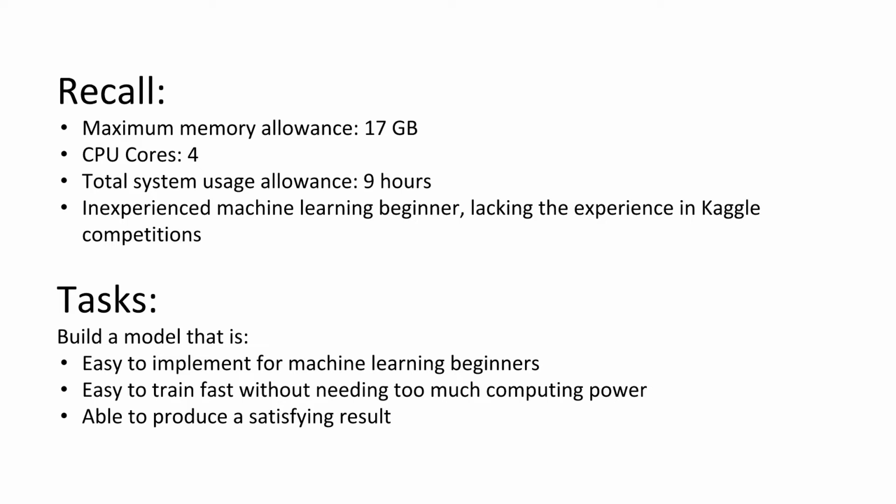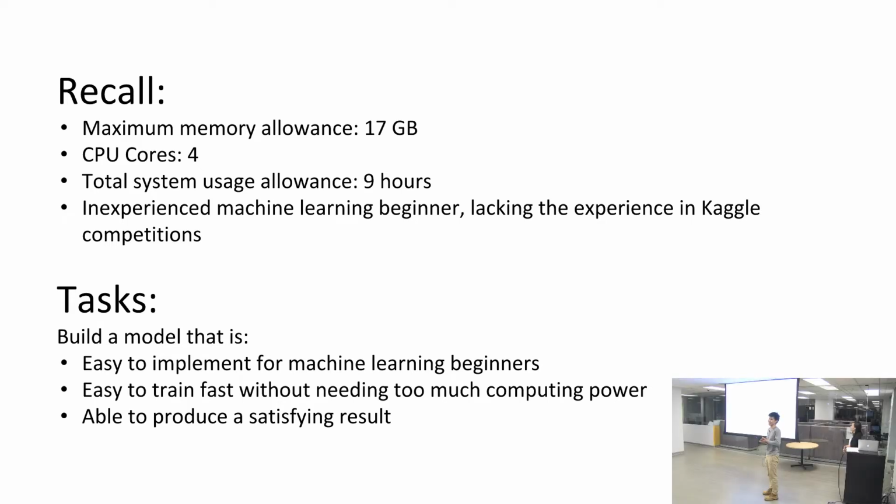In our case, 17 gigabytes of memory on Kaggle isn't really enough, and 4 CPU cores don't help that much. We are also only allowed to use the Kaggle system for about 9 hours. That's why I decided to use a simple model that allows us to get results quickly and get a satisfying result.